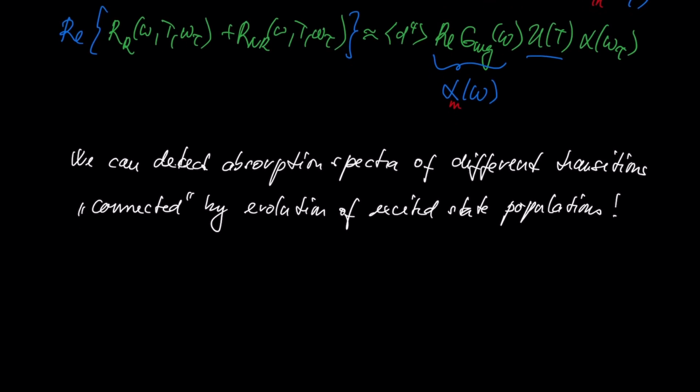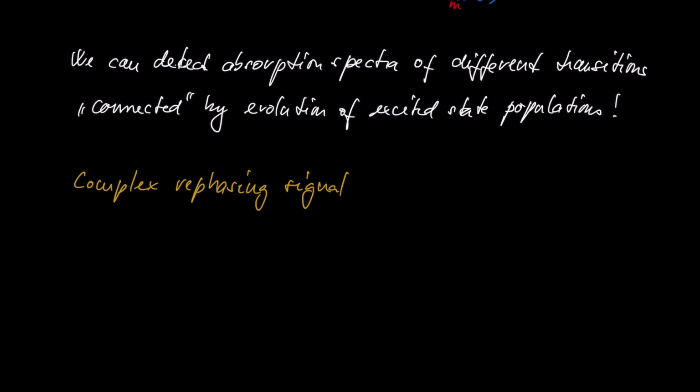So let's define our signal now in some better way. So if we can detect complex rephasing signal, complex rephasing signal would be actually whatever we detect when we measure with positive tau. So let's call it sigma r. That's what we have on the detector. It depends on omega.